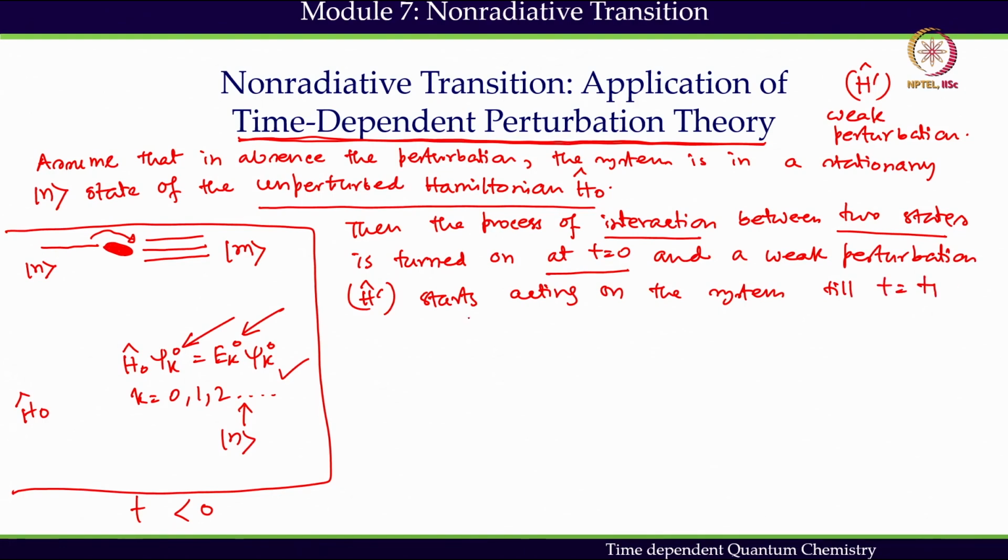So within this interval, 0 to t1, this interaction process will be acting. And during this 0 to t1 time, the system is time evolving as a function of time because they are coupled now.